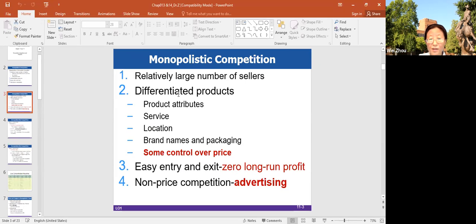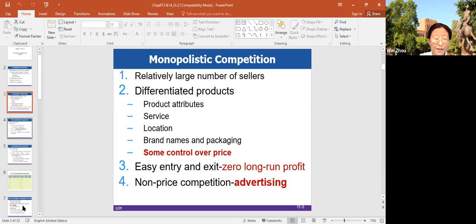This is the same as pure competition. However, you produce something differentiated, so a little bit of uniqueness in the product you produce. And then you have control over the price, so you don't do price competition. What you do is use advertising to make your product stand out compared to your rivals.